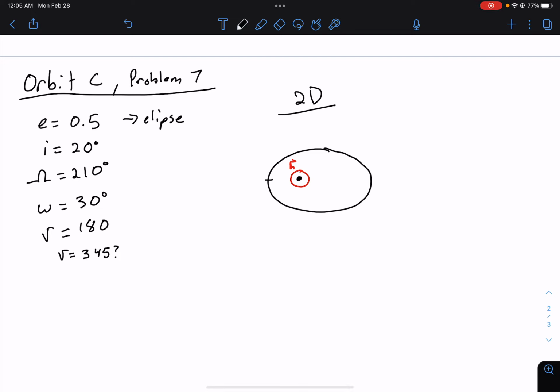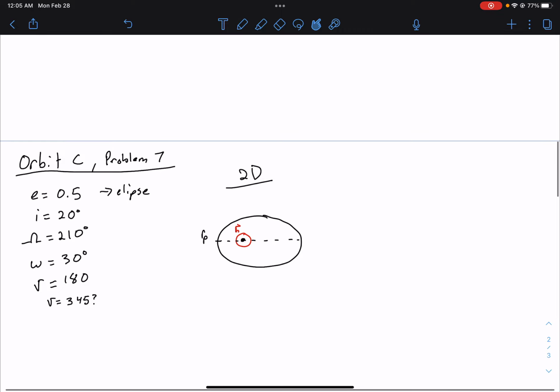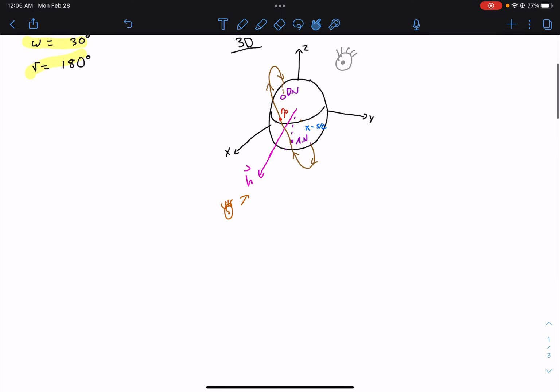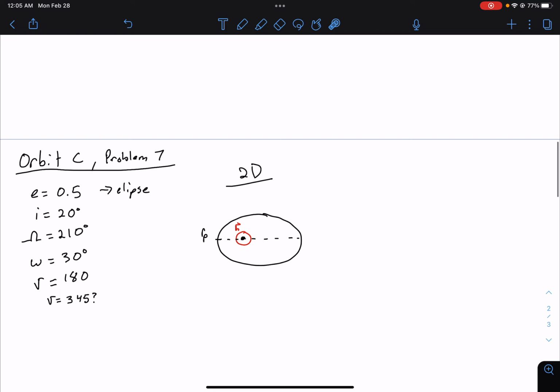Well, I'm going to define my periapsis is right there. I'm going to draw a little line going through. And because it's open and we are viewing it, I'm going to keep the same convention up here of using the clockwise notation, right?